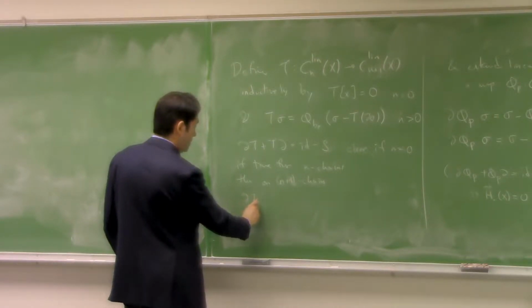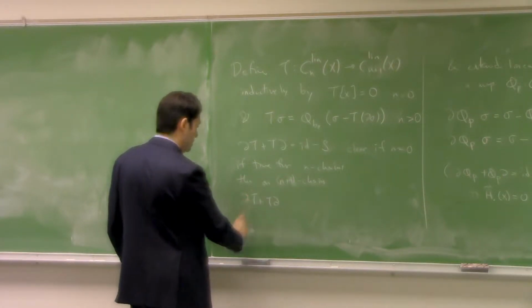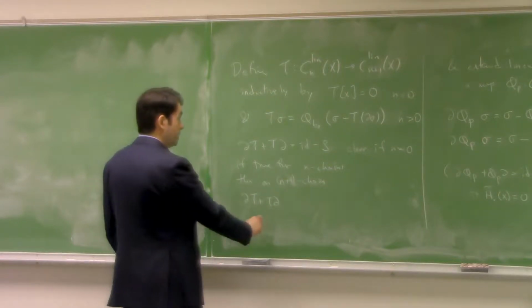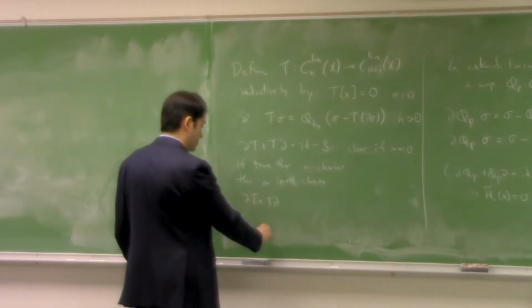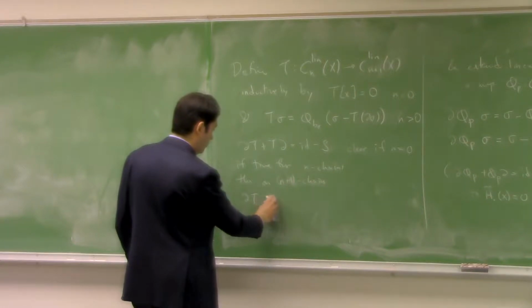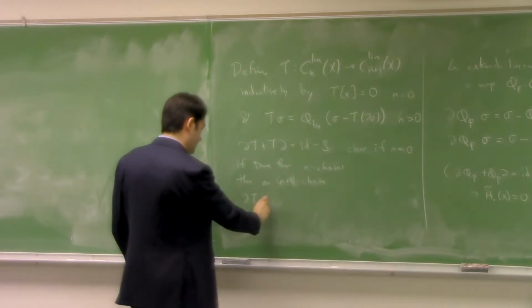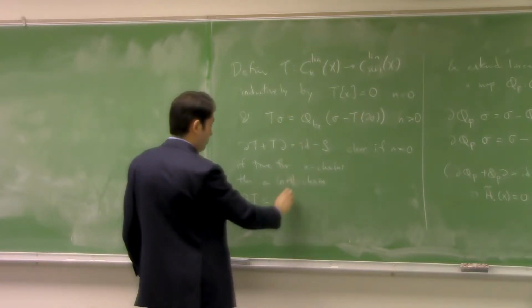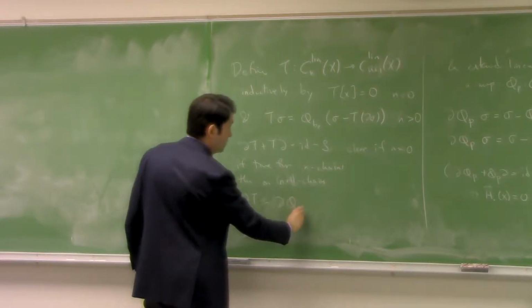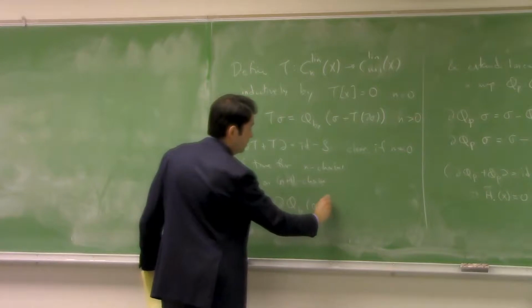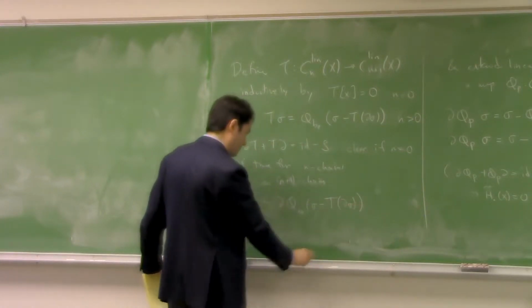let's do boundary T plus T boundary. Well, let's focus on boundary T. So boundary T would be just hit this with the boundary. So boundary of Q B sigma, sigma minus T, boundary sigma.